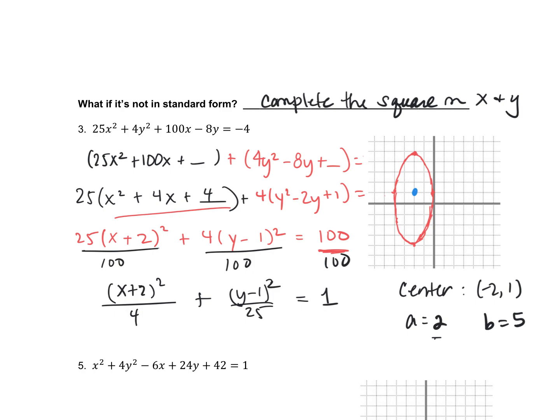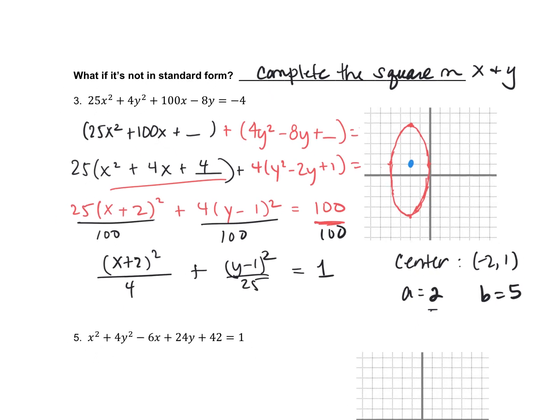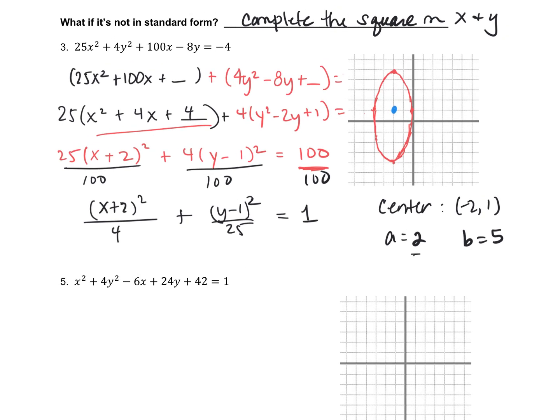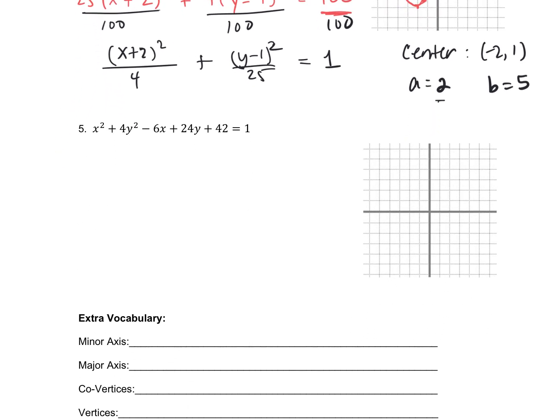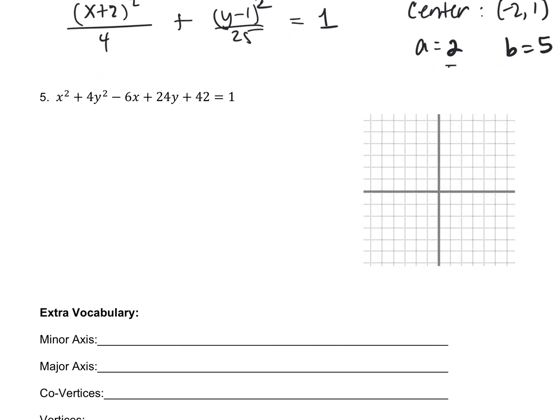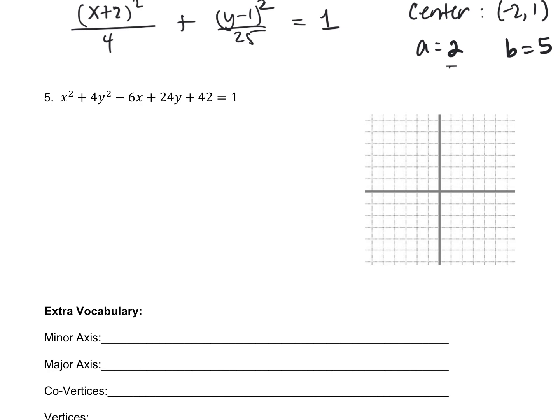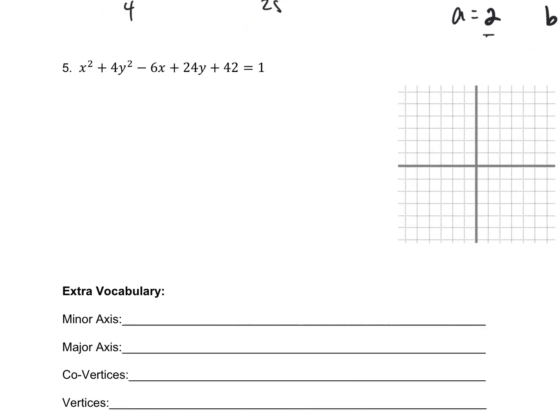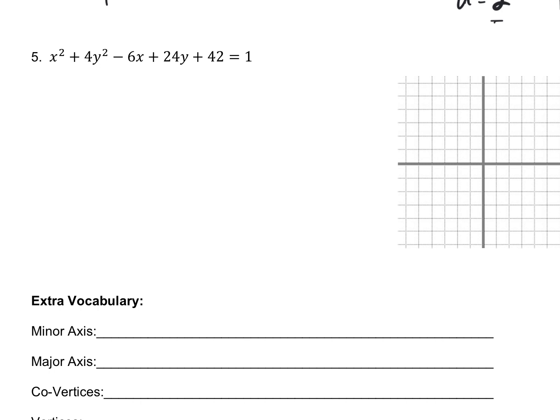All right, you complete the square on the next one. Move this up. Everybody okay so far? Just trying to make sure I can get that up there so y'all can see it. It's always crooked up here.